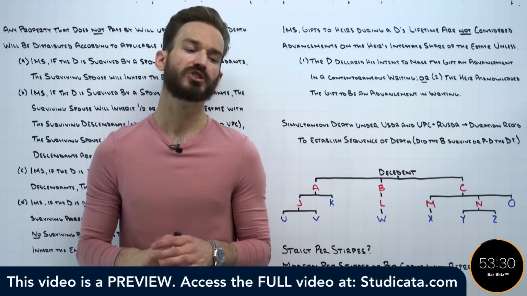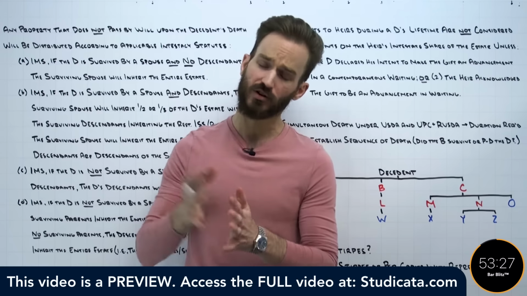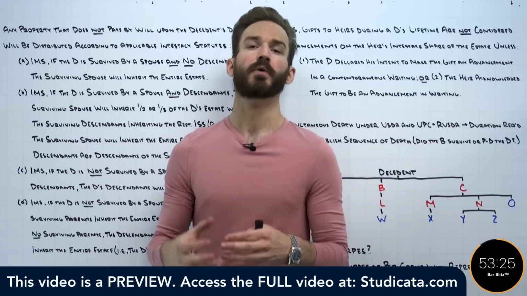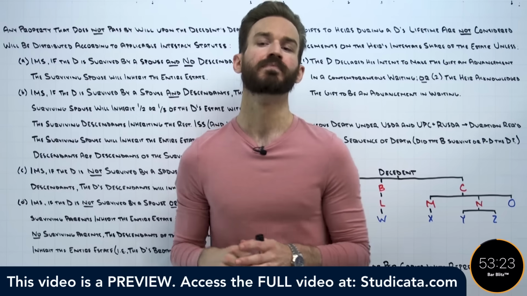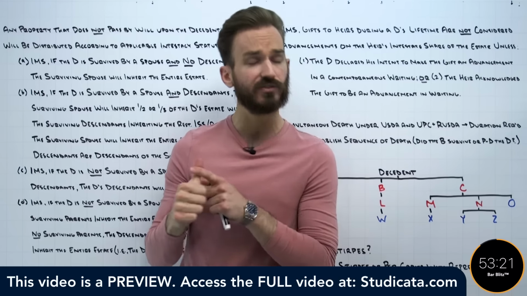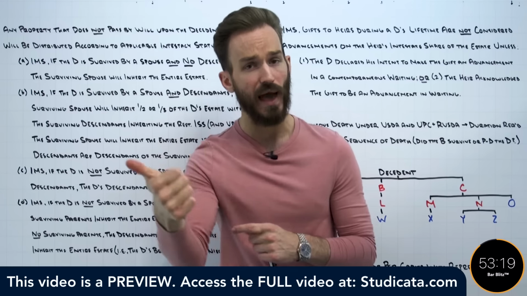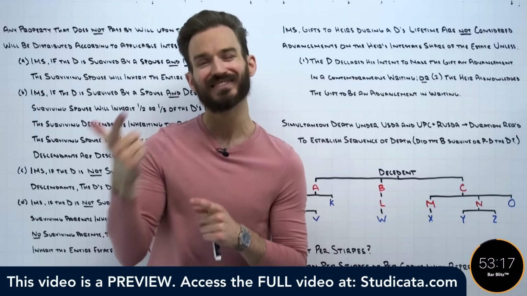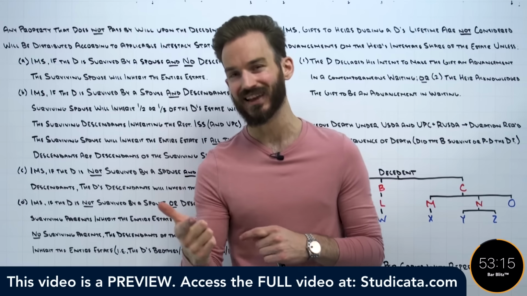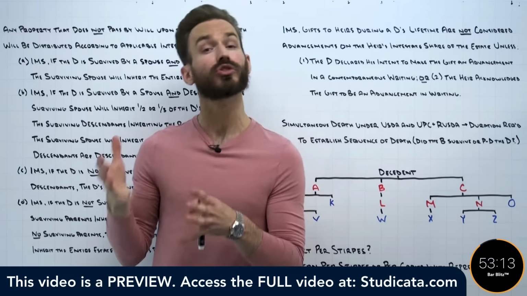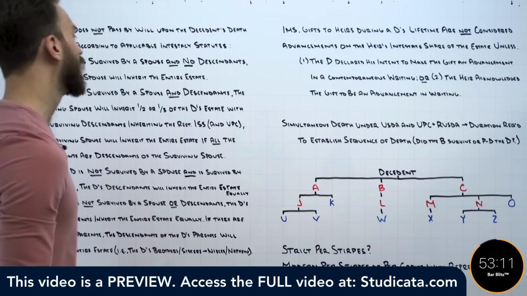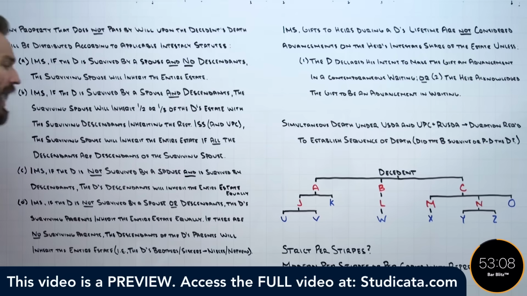And what we want to do, probably step one, I found, and there are multiple approaches to doing this, but what I found to be the best is to ask, number one, does the decedent have a surviving spouse? Number two, does the decedent have surviving descendants? Based on the answers to those questions, you can bucket your fact pattern into one of four categories.